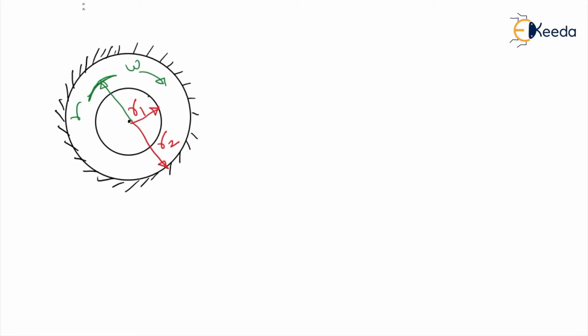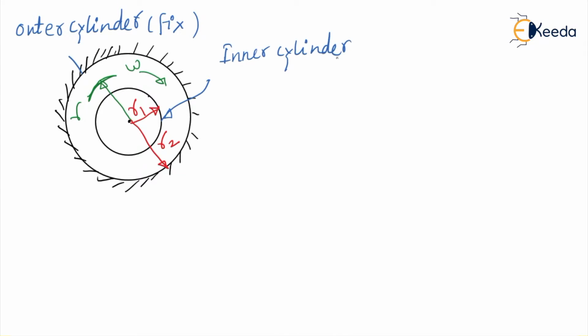So in this diagram, this is the outer cylinder, which is already fixed, while this is the inner cylinder. Now, Newton's law of viscosity holds good. So that means tau is equal to mu du over dy.